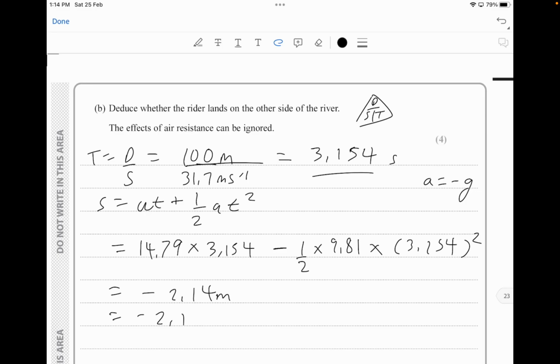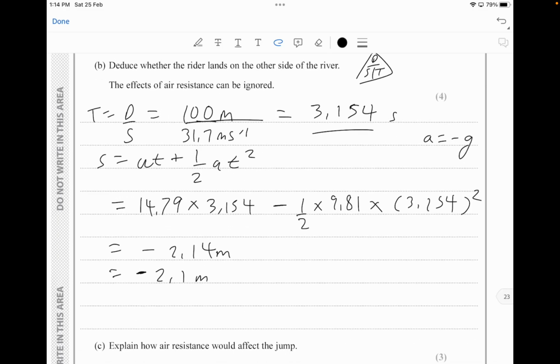So always use brackets. Whenever plugging in values into your calculator, just put the brackets there so it helps you understand it. I'm just going to confirm, yeah, it's negative 2.14, so it's going to be negative 2.1 meters.